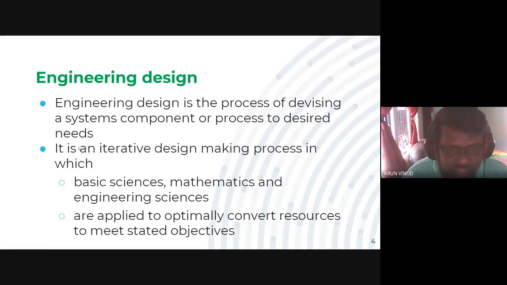What is the size of the table, whether 6 persons can sit or 5 or 4 can be accommodated? I'm telling him, okay, 6 can be accommodated. Likewise, he is putting so many questions and I'm giving the answers. So he is using the ideas of basic sciences, mathematics, and engineering sciences that are applied to optimally convert the resources to meet the stated objectives.